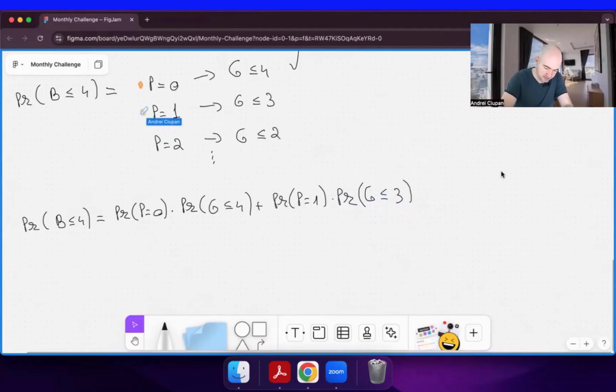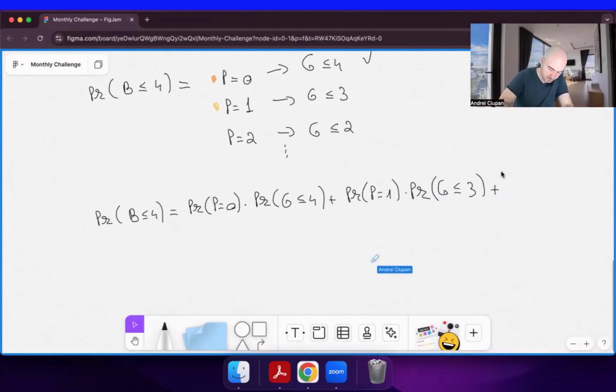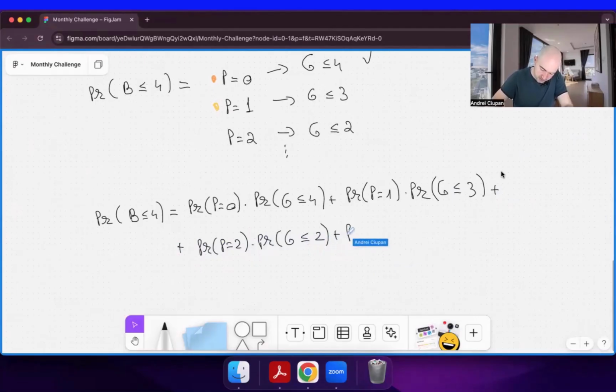That's going to be the second case that we discussed. And so on. If P is equal to 2, then we need G less than or equal to 2. If P is equal to 3, then we need G less than or equal to 1.